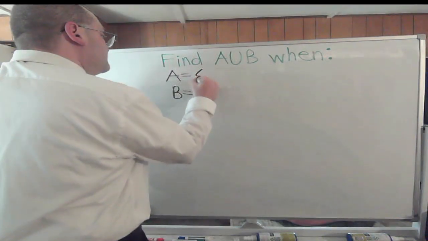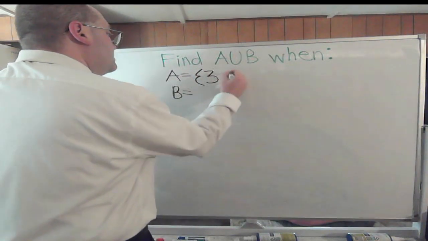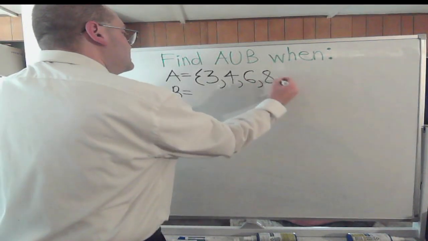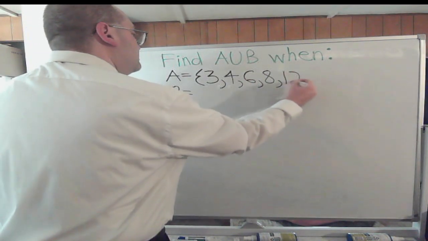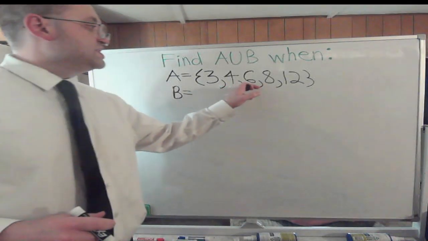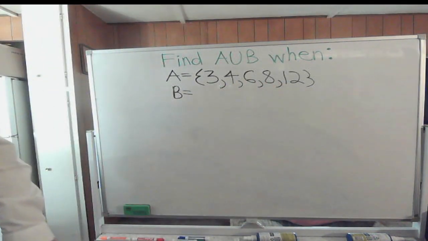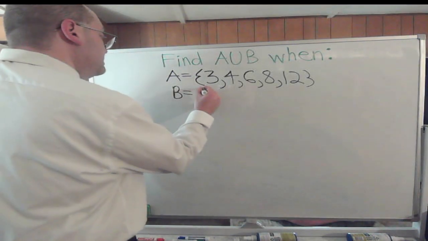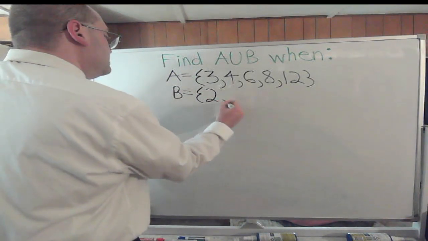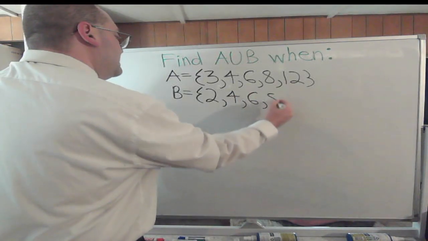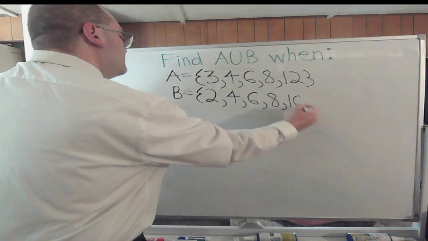Let's see, we have the set of 3, 4, 6, 8, and 12. So set A has elements 3, 4, 6, 8, and 12. Set B has 2, 4, 6, 8, and 10.